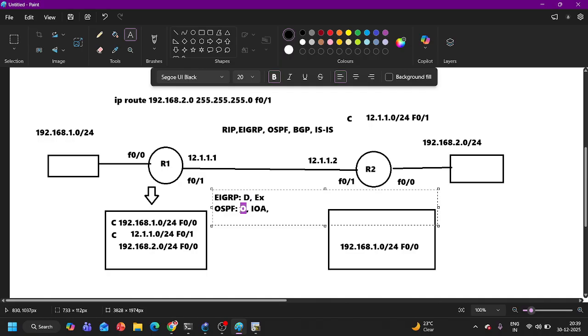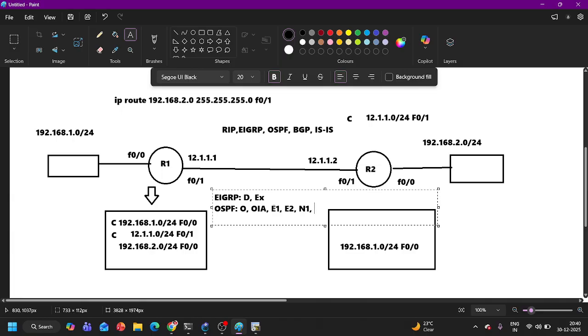OSPF internal route or same area route will come with symbol O. Inter area route will come with symbol OI, sorry, OSPF inter area. This is intra area. Then you will have some routes with E1, some routes with E2, right? If you are a network engineer working in the routing domain, you must have seen E1, E2 routes as well.